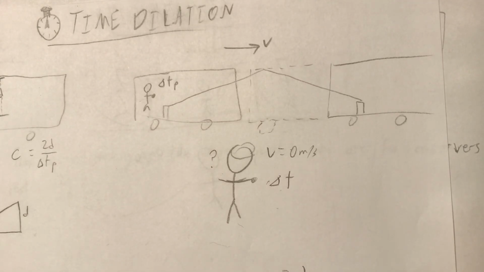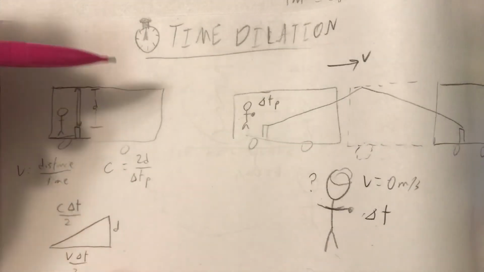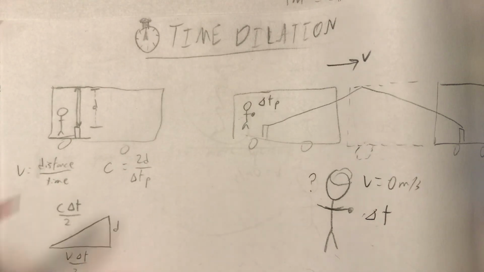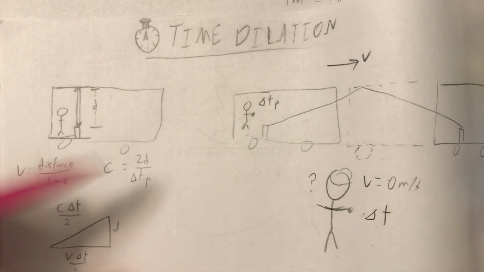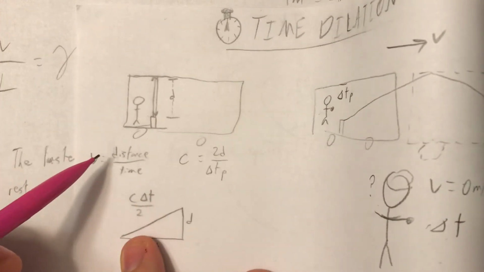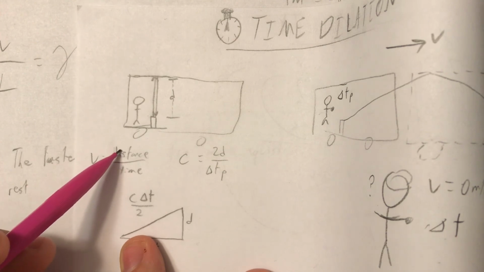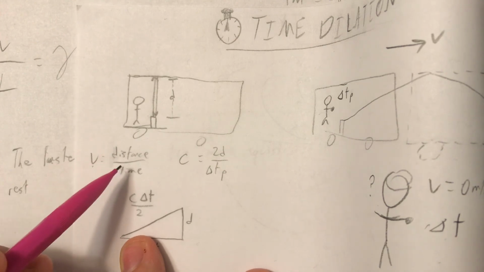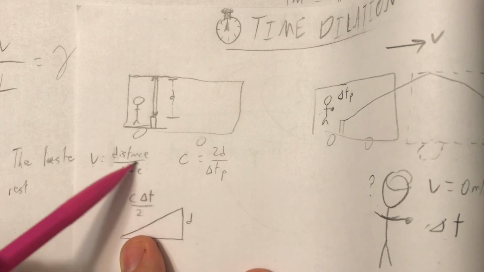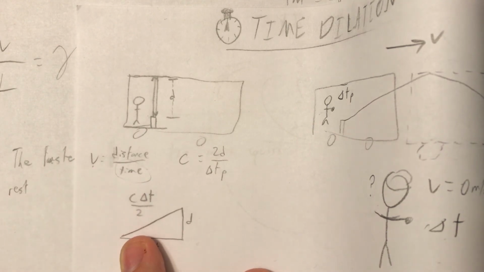Well, in both reference frames the light has to be traveling at the same speed. We know that speed is equal to distance over time. So if it's the same speed and a different distance, that means they also have to measure a different time so that the velocity of light stays the same.